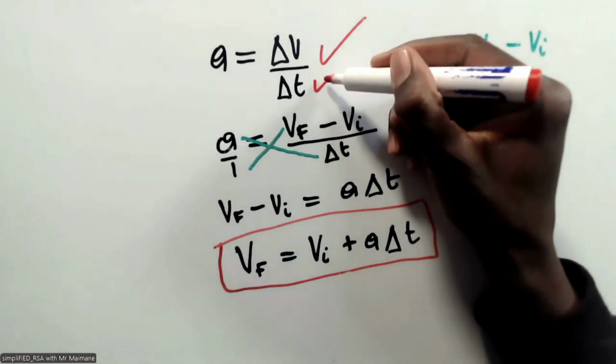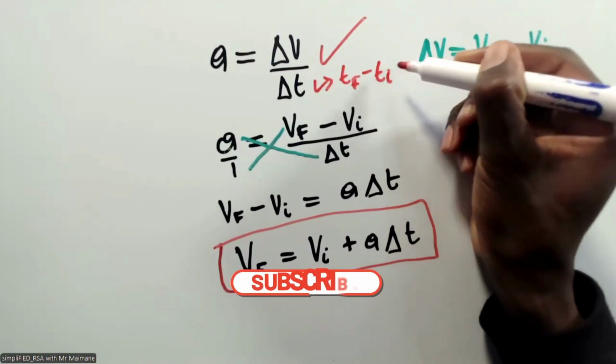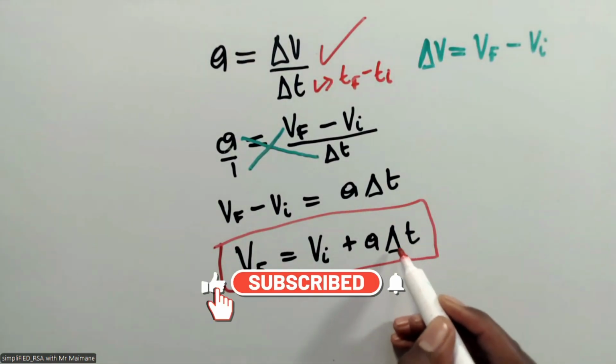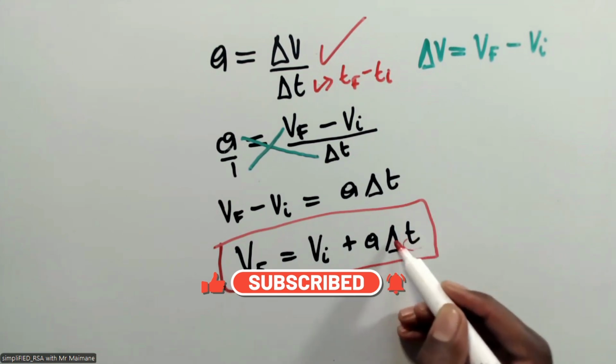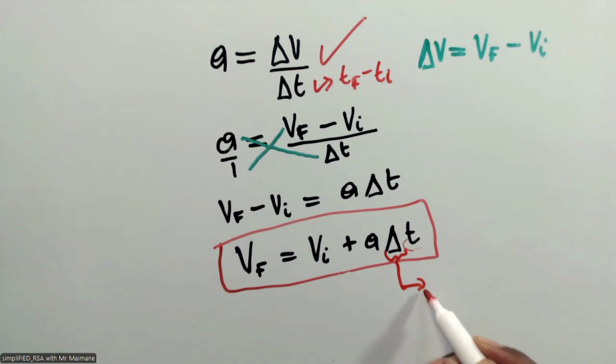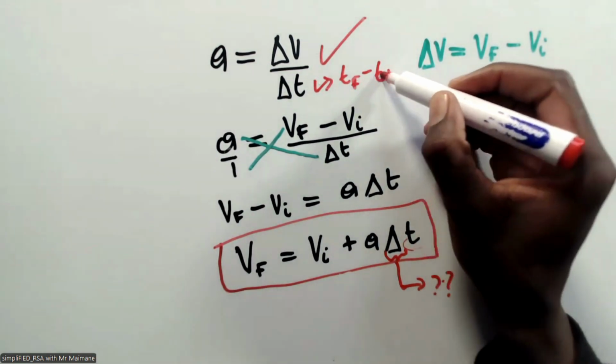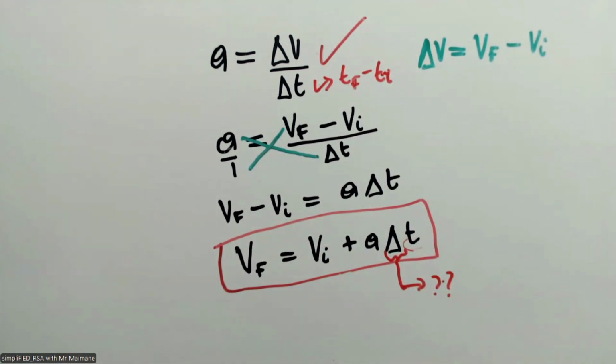So from here, I could have expressed T as TF minus TI, but as I left it at that point, I know that this triangle, which is delta, doesn't play so much of a role. It just represents that I will get my time in the form of change.